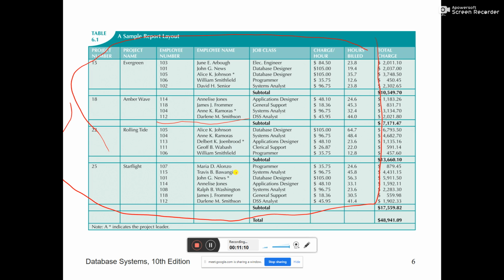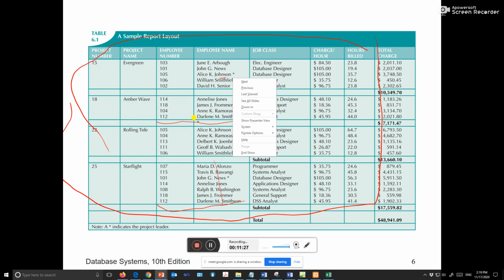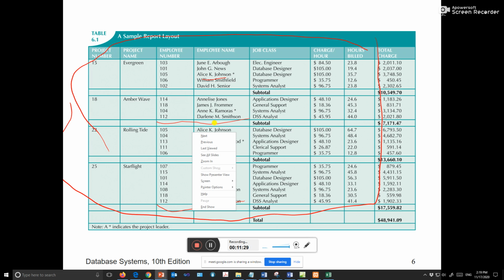This Darlin is working in project Amber Wave, and here also on Star Flight, employee number 112. Similarly, employee number 105, okay, where is 105? Yeah, this one is also working here in this project. So it is possible that there is more than one employee working in a project.